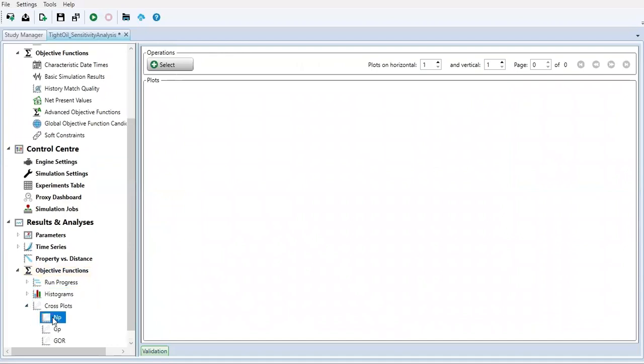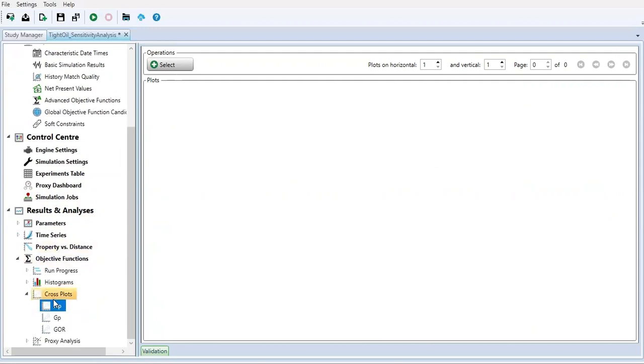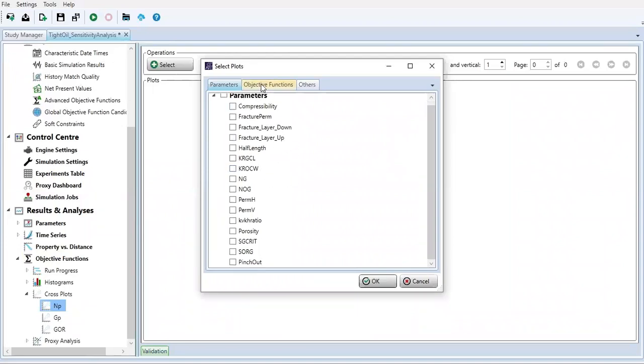Cross plot. Okay, now we have property versus distance, but we skip that. I want to focus on cross plot. We can click on this operation, select, and we can select each of these parameters to know the influence on our objective function.